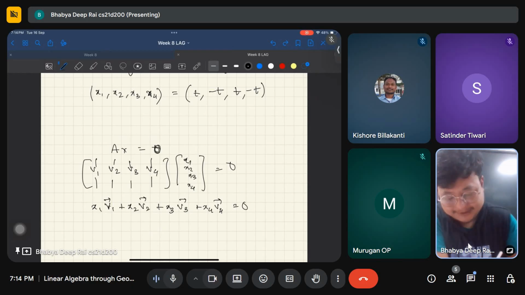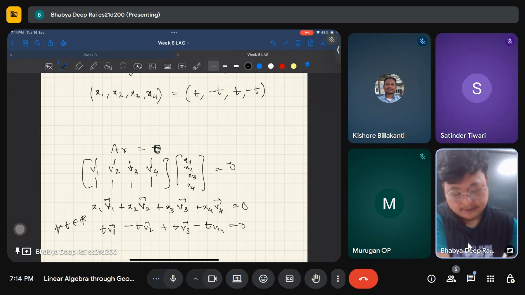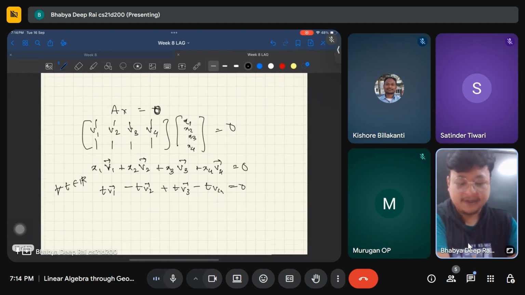So I can as well say that the solution is t v1 plus minus t v2 plus t v3 minus t v4 equals 0 for any t. This equation is satisfied.